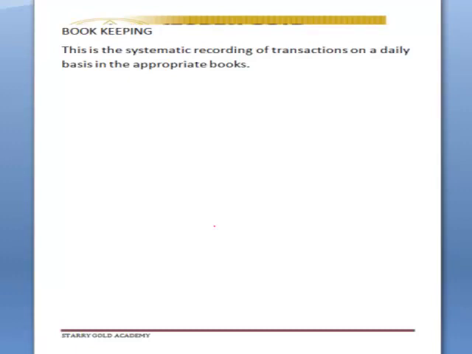It is an integral part of accounting, since accounting is concerned with the uses to which the bookkeeping records are put, the analysis and interpretation. Bookkeeping is just making sure that records are made whenever there is a financial transaction, and these transactions are kept in the appropriate books of accounts. So everybody can become a bookkeeper as long as you are keeping record of financial transactions.